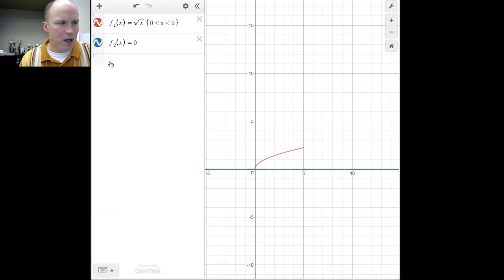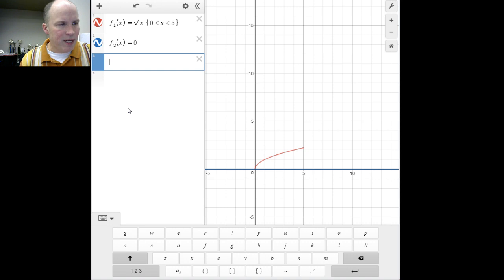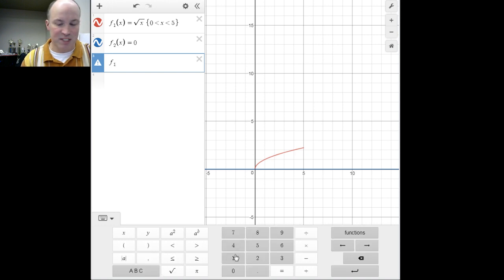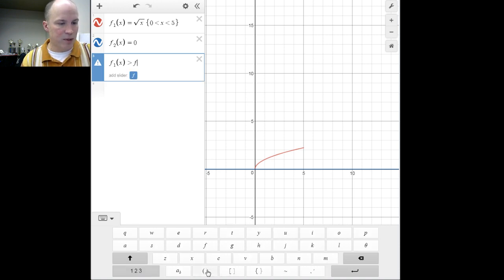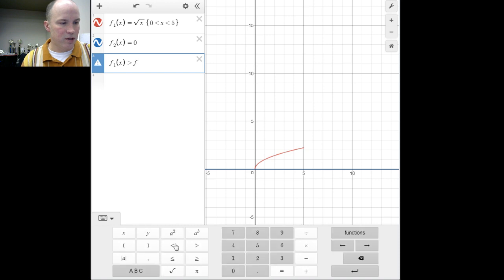And then for the shading, if I want to shade in between graph 2 and graph 1, I need to say that graph 1 is greater than graph 2. So I'm going to say f1 of x is greater than f2 of x.